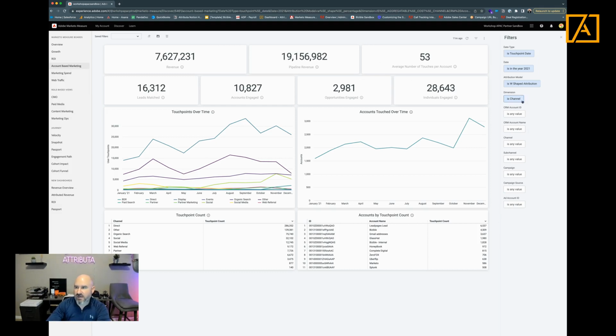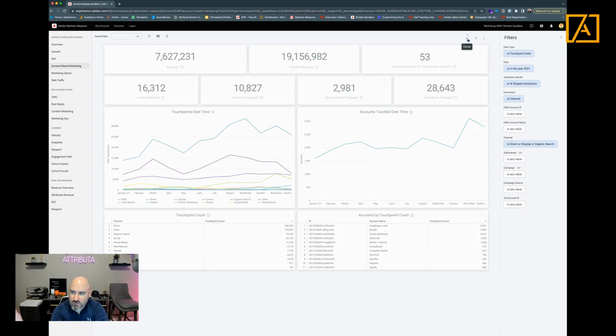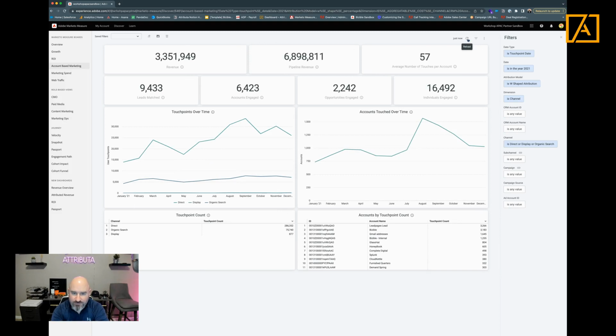Then from there, you're going to hone in specifically on your direct channel, your display channel, and your organic search channel. When you refresh this, you also want to align your date field to the time frame when your ads are running.